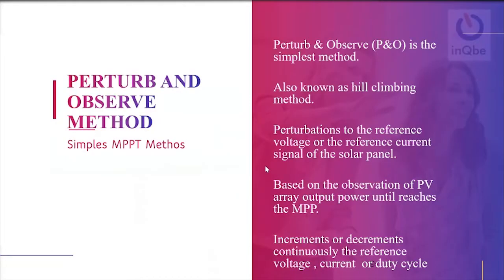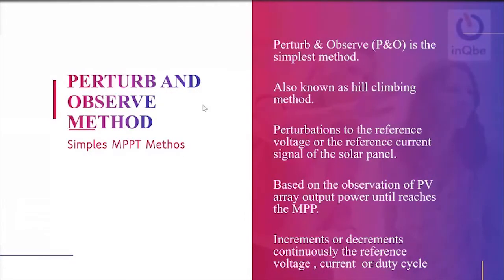Here we are going to simulate P and O. P and O means perturb and observe. Perturb means apply some disturbance and observe the change. It is just like tuning a radio: we rotate the knob towards left and right, and then we find the actual desired channel.